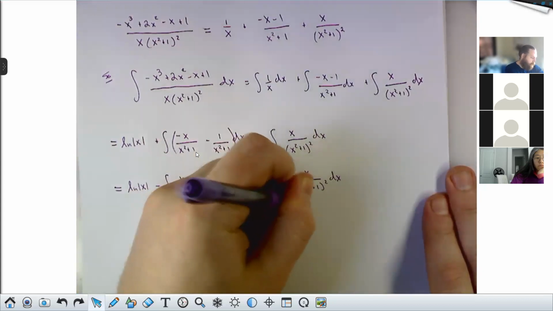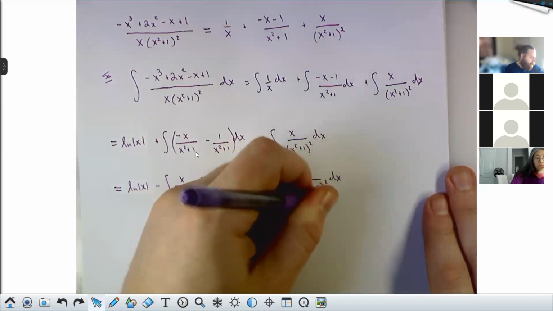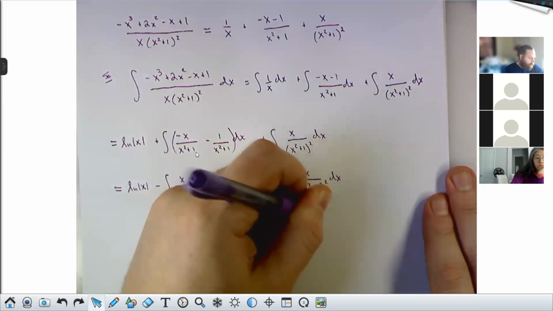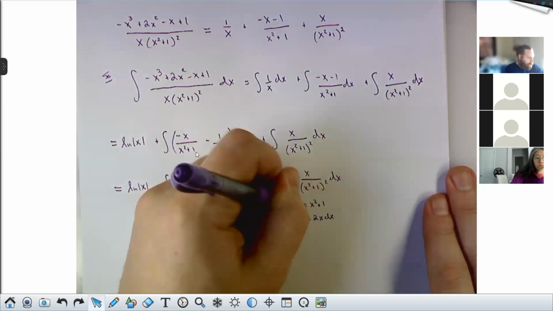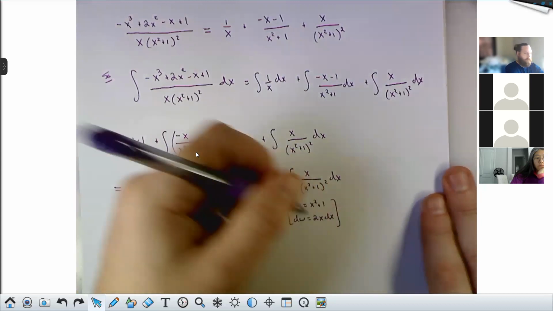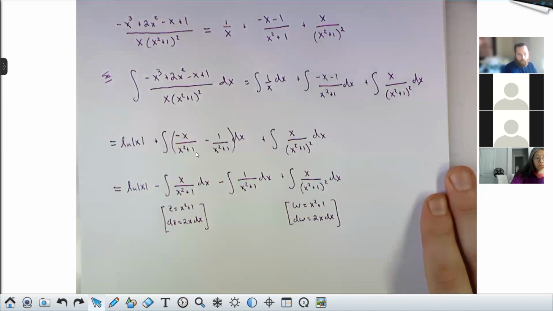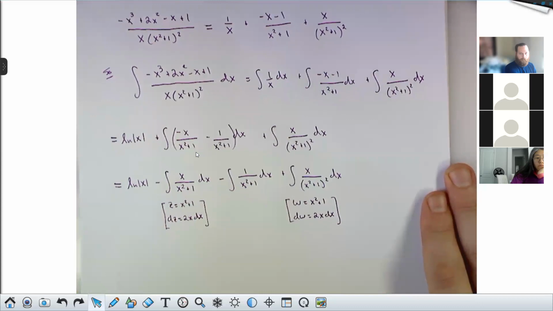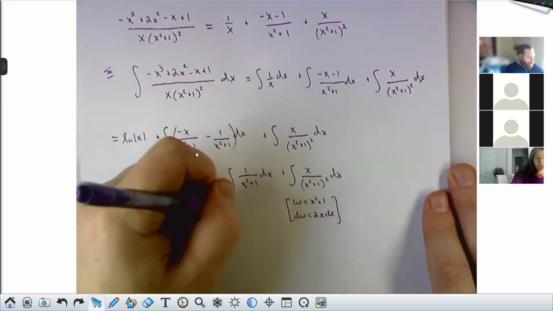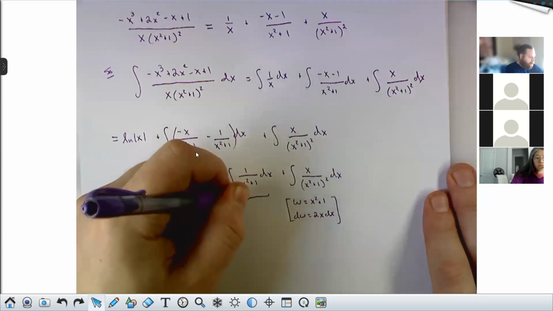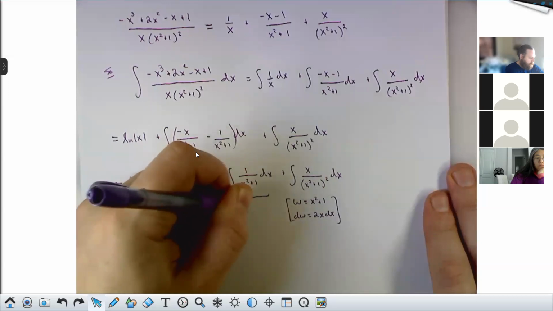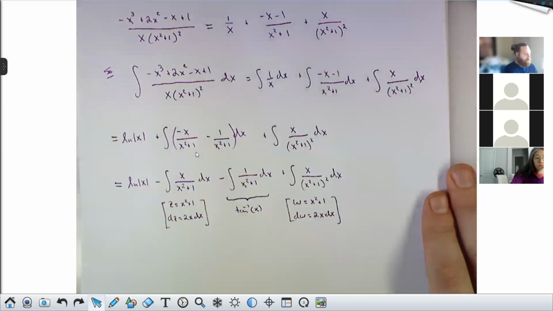I'll use z here and w here just to avoid things getting confusing. You don't want to use the same variable in two different substitutions. This guy is going to be inverse tangent. Right, that's just a known thing.